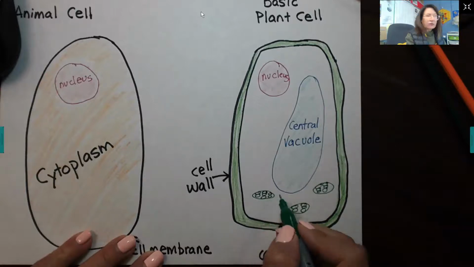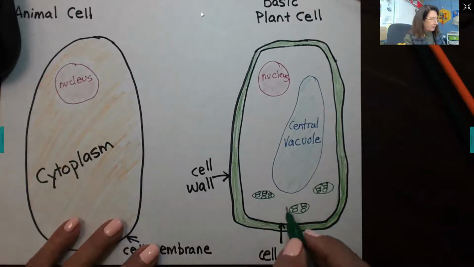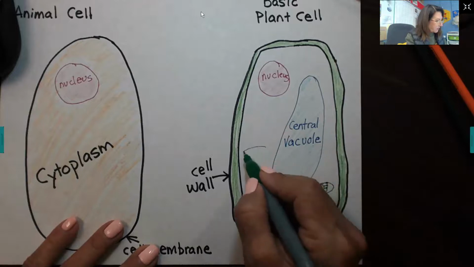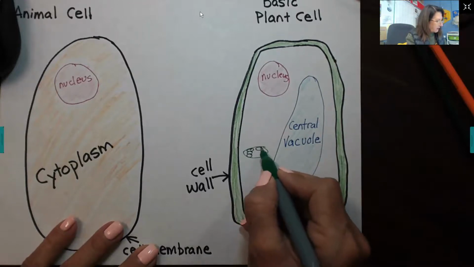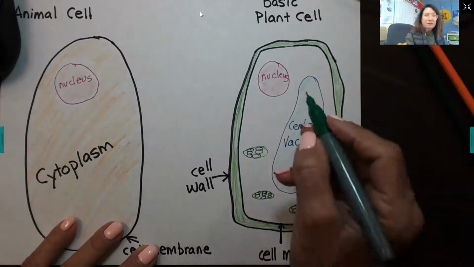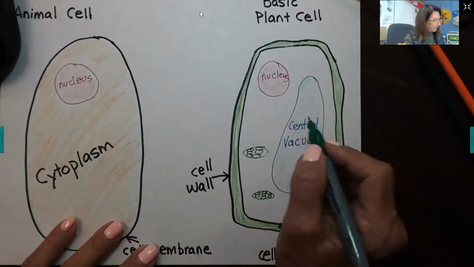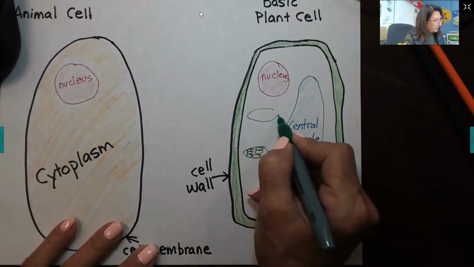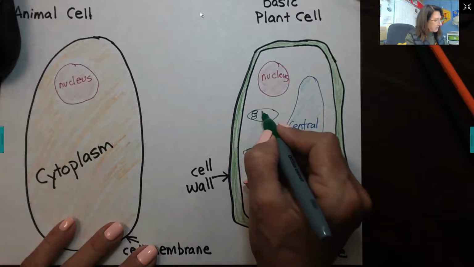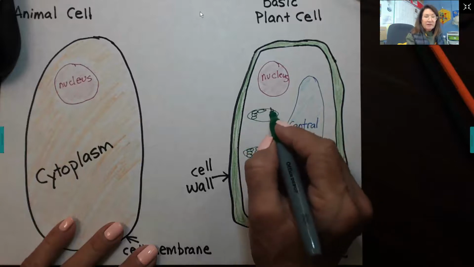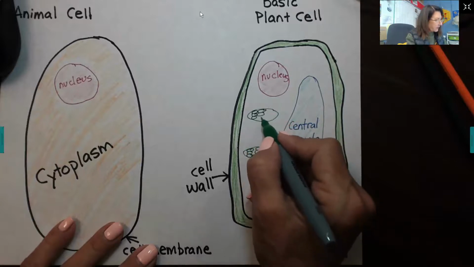So if you look at a plant cell under the microscope, you're going to see all these green dots. And that's what this is, the chloroplast. This is what makes food, right? So remember, our producers make their own food, and this is where it's done, in the chloroplast.